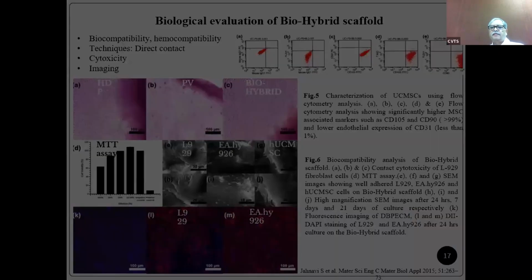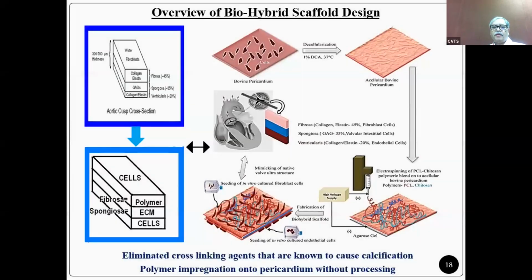That's compatibility. So overview, if you see them, we have taken this clue from the native cells, and we have put cells on top of that polymer ECM. After making them, we take a pericardium, decellularize it, and then with electrospinning, we put on the polymer and then grow the cells on top of that, and then see that the native heart valve and the made heart valve are characterized for the same thickness, biological activity, and also mechanical strength.